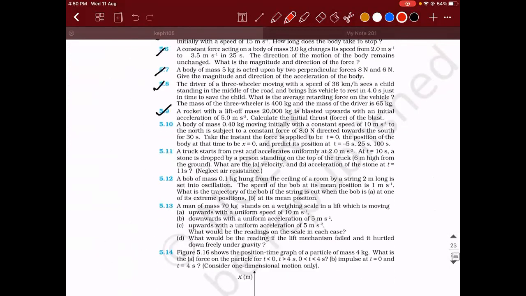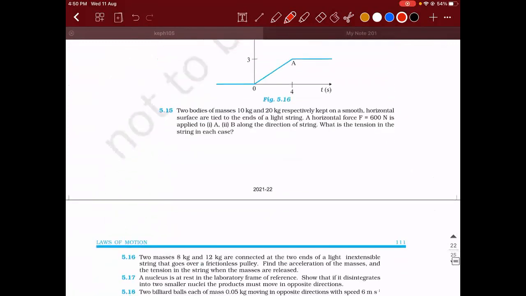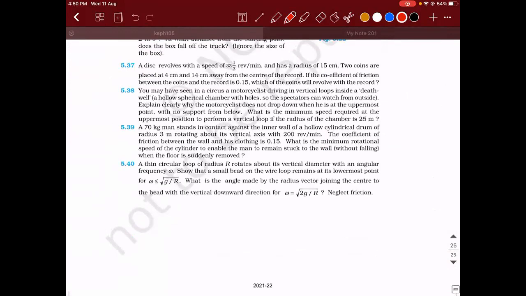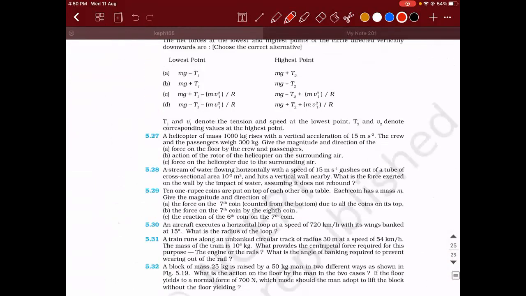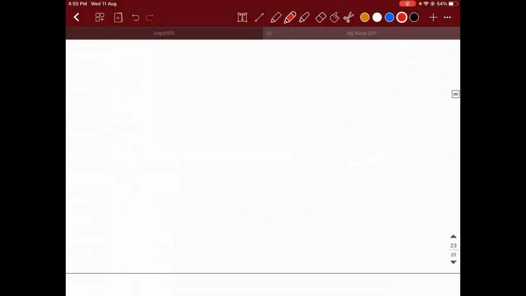Not many problems based on friction. Can I do a slightly tougher problem? Okay. I'll give you a problem on my own.